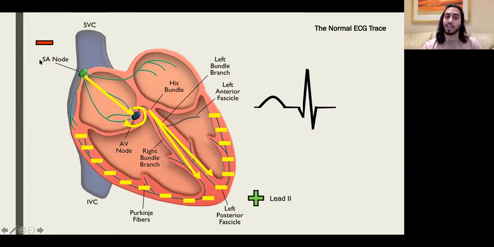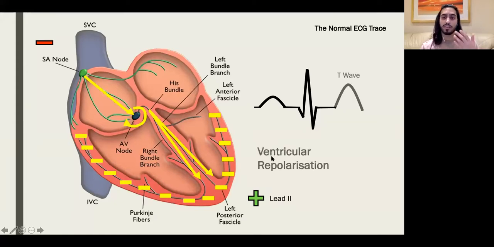So negative towards negative is positive. What we saw before was positive towards positive, and that led to a positive deflection. Now you have negative towards negative, so you'd also get a positive deflection. This is called the T wave, which is ventricular repolarization. Any problems with the T wave are problems with repolarizing the ventricles.